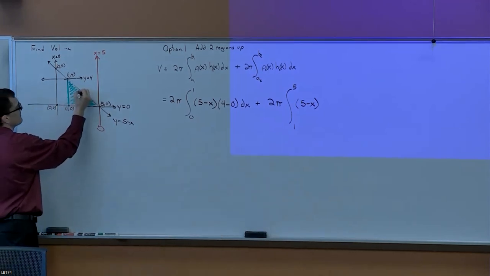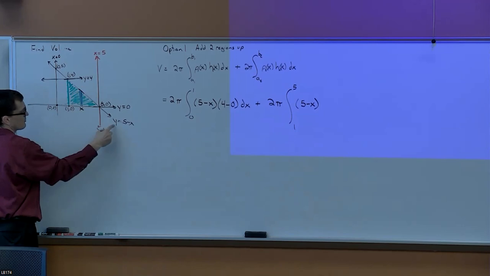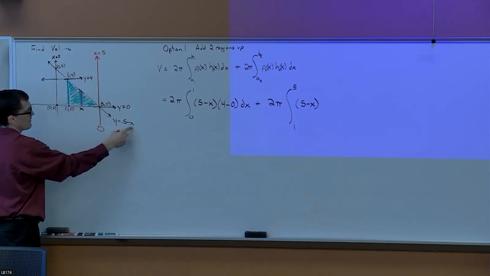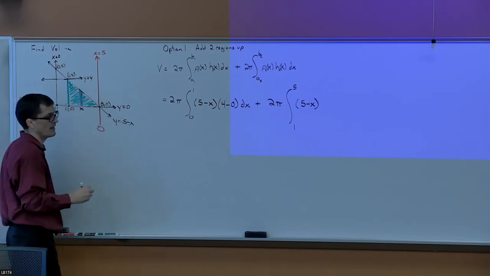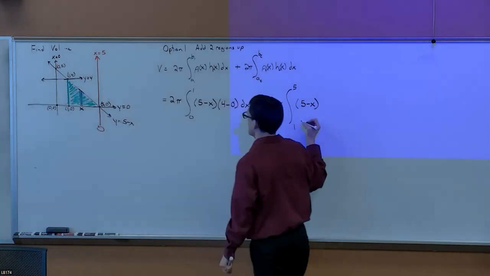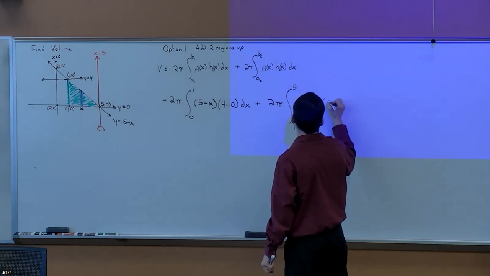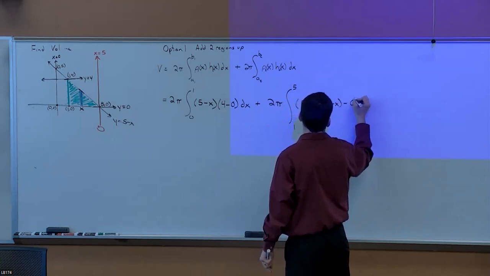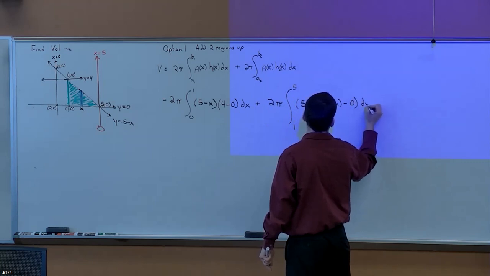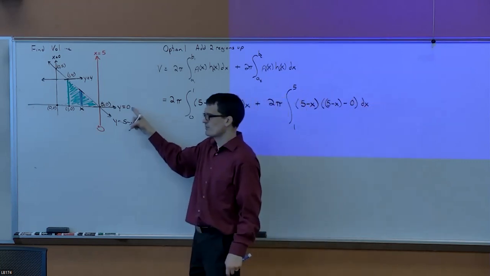Now the top of this rectangle is determined by the line y equals 5 minus x. And the bottom of the rectangle is y equals 0.